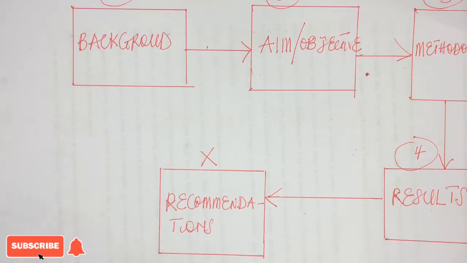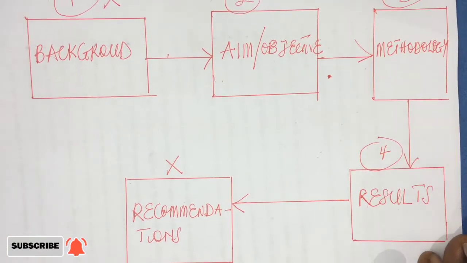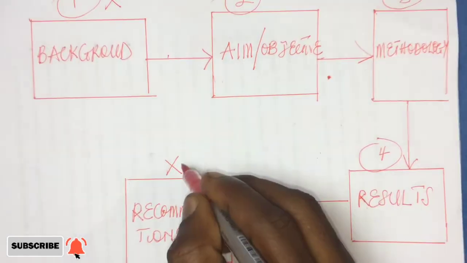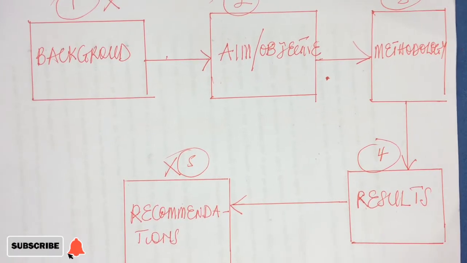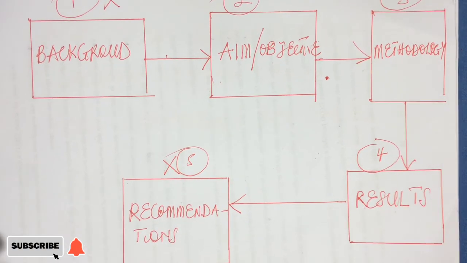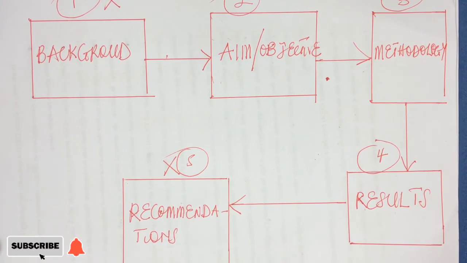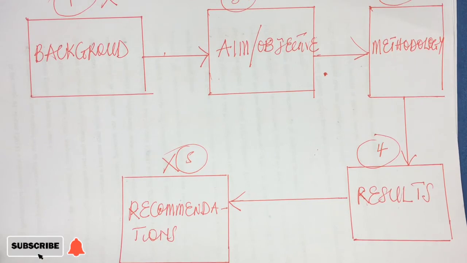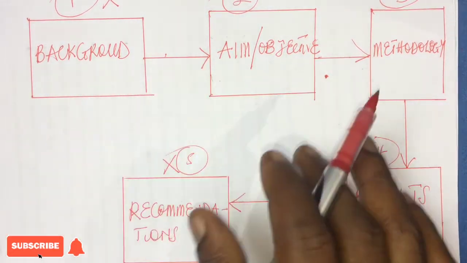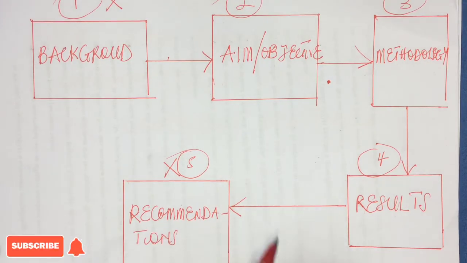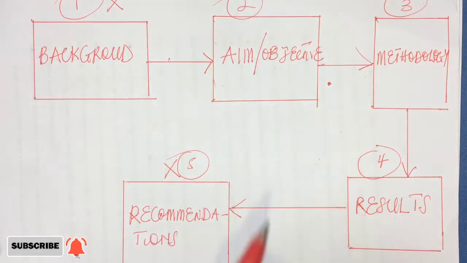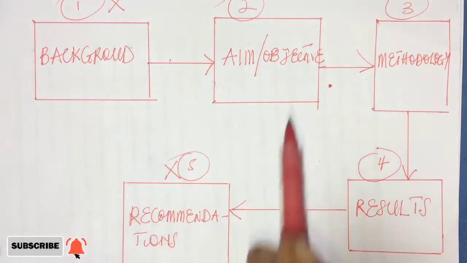They must see the background, the aim or objective of the study, the methodology of the study, the results, and finally, number 5, the recommendations to the study. So please take note. These are the items that we want to see at a glance from your abstract. Remember, your abstract is a summary of your work, showing us at a glance all these items.